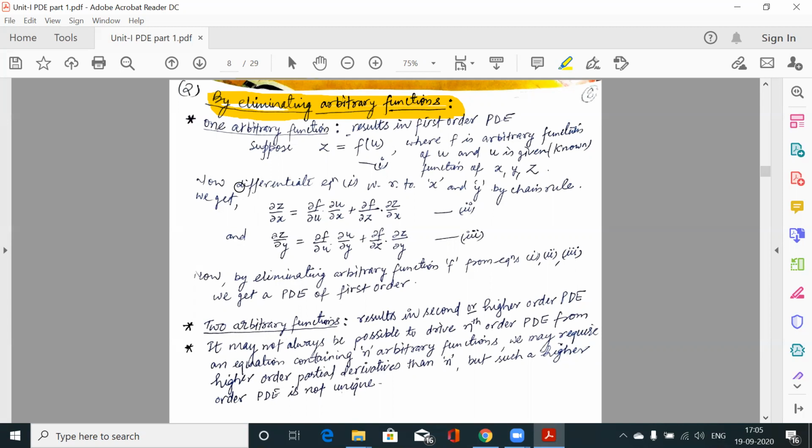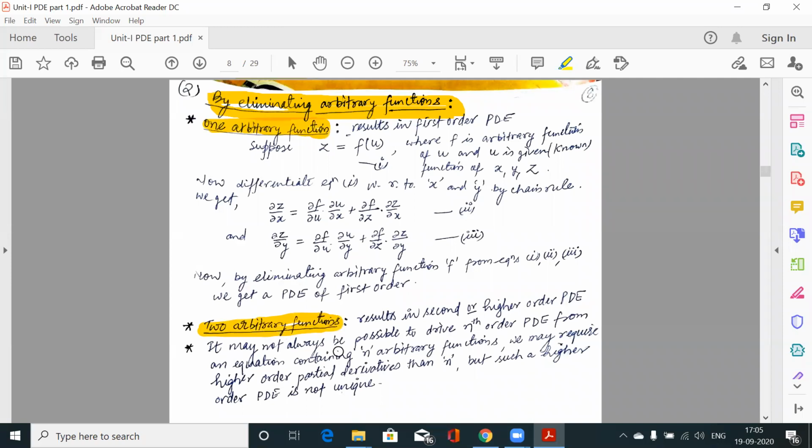Suppose we have been given one equation with one arbitrary function, or an equation with two arbitrary functions or more arbitrary functions. The concept is the same: in the case when we are given one arbitrary function, then we get a PDE which is of first order.